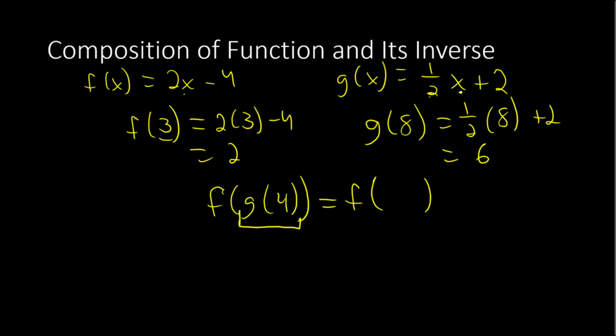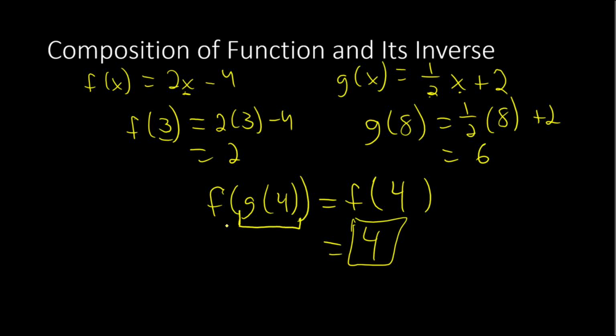We have 1/2 times 4, which is 2. 2 plus 2 is 4. So g of 4 is actually 4 as well. So now instead of f of g of 4, we have f of 4. And then f of 4 we can find by plugging a 4 in place of x over here in the f function. 2 times 4 minus 4 would be 4. It's a lot of 4's in that one. So that's how composition of functions works.